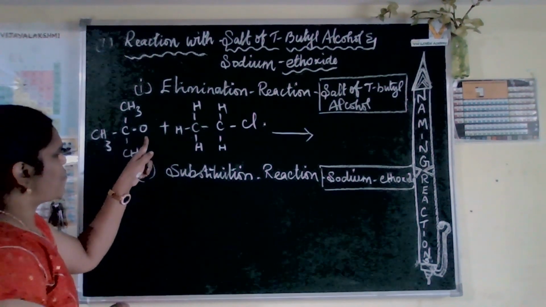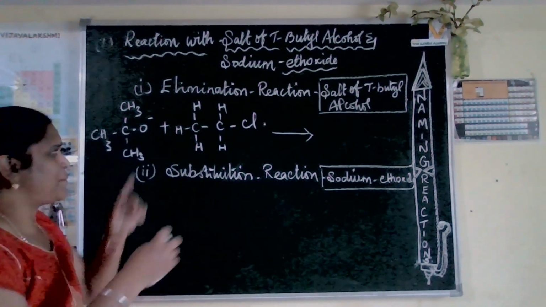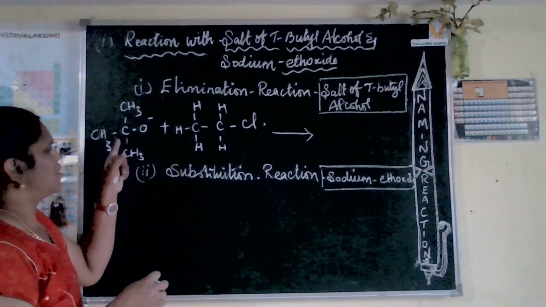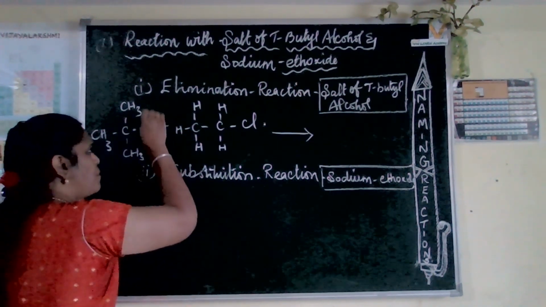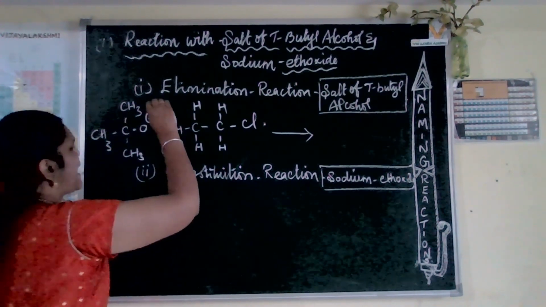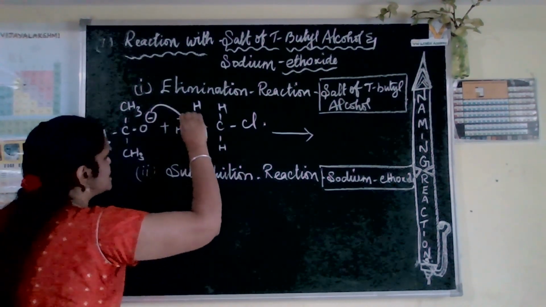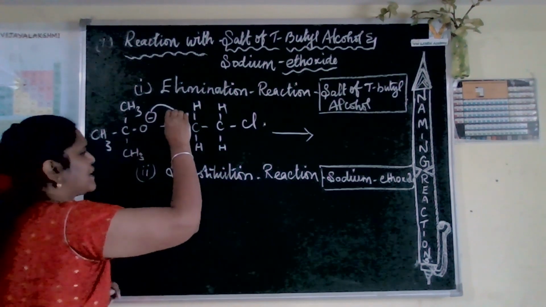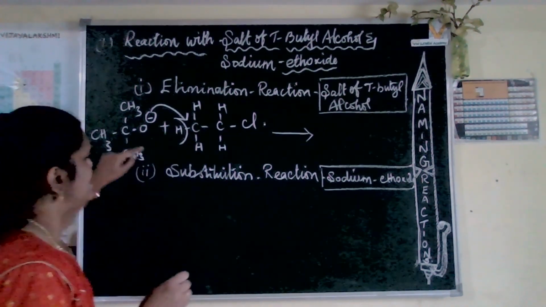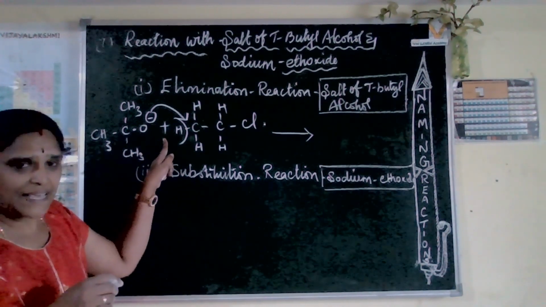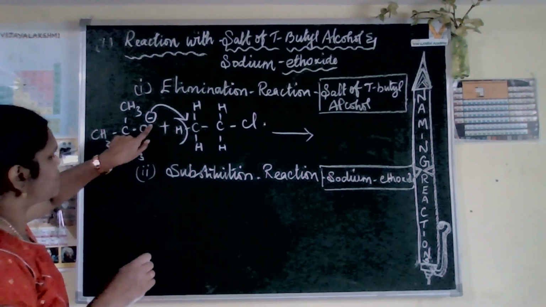This is O minus Na plus, the alkoxide. This minus is going to attack where there is a positive center, so automatically we are going to receive here T-butyl alcohol. Yes, this hydrogen is connected with this here.